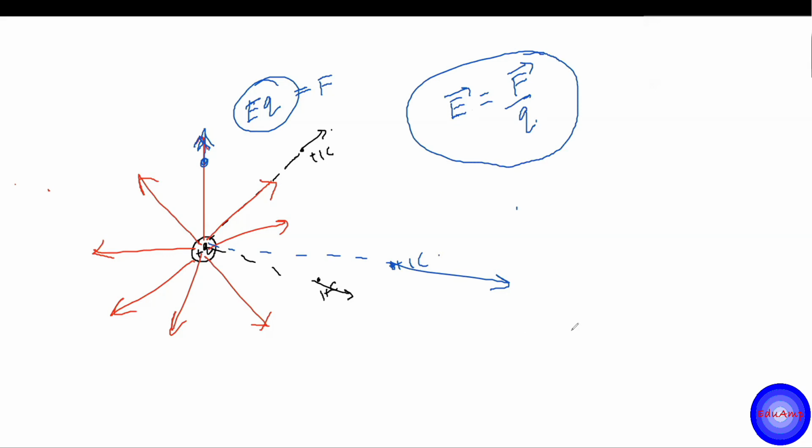Now there can be more charges. Let's say there are two charges: charge number 1, Q1, and another charge, Q2. Suppose you are asked about a point in between the two charges. Let's say both are positive charges, and this distance is R1 and this is R2.